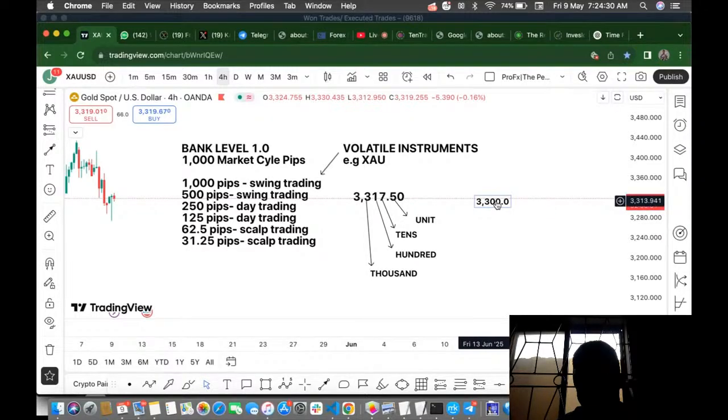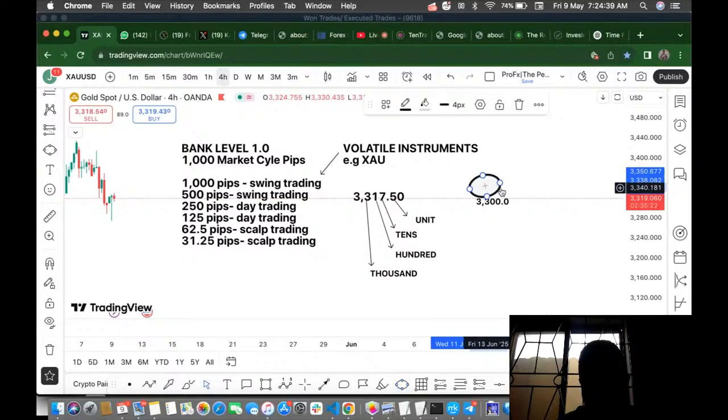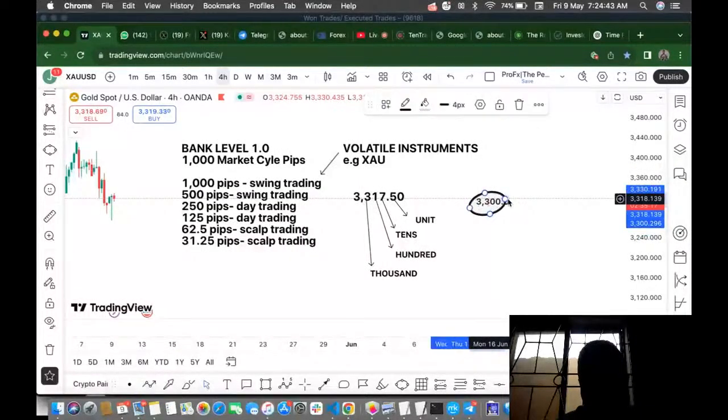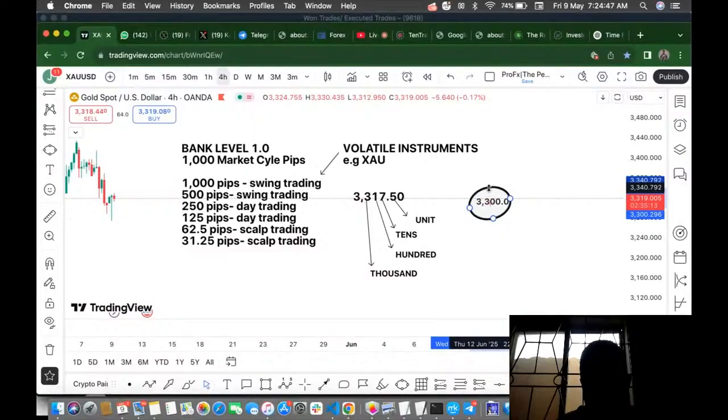So the price of 3,300 is a 1,000 bank level. Why? Because the 3 there is the place value of 1,000.